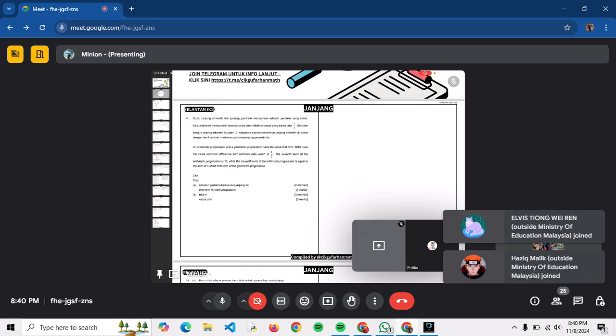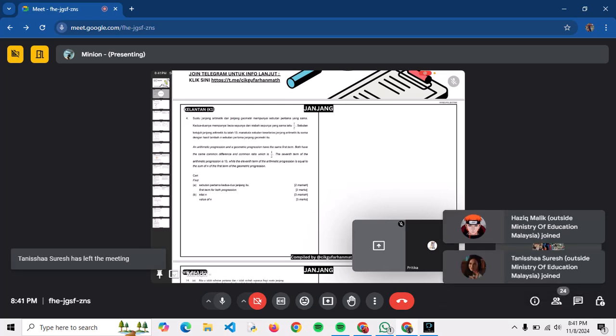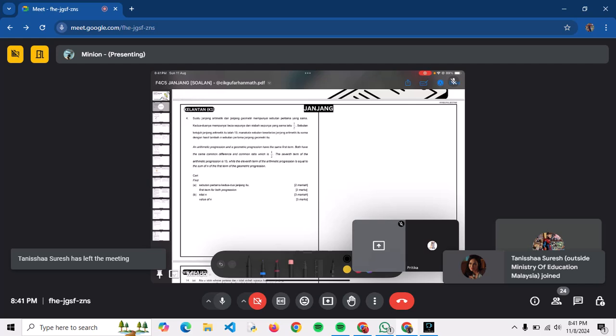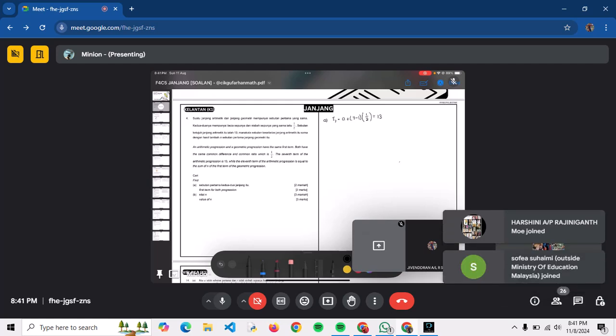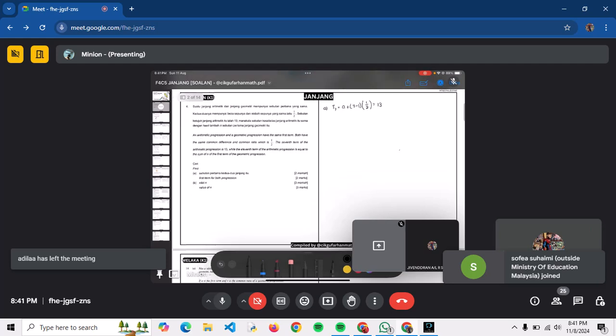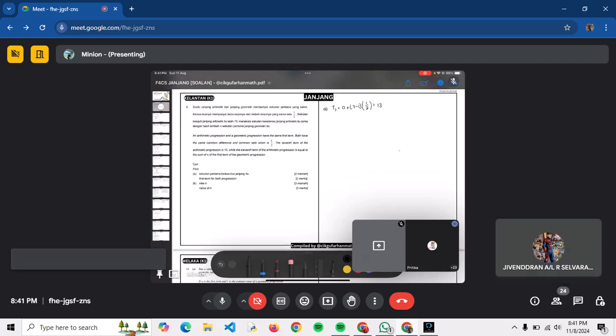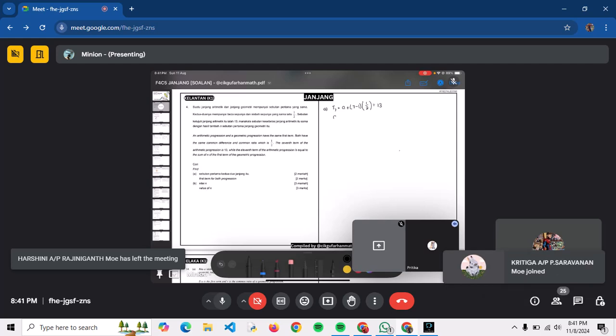So to find the first term for both progressions, it's basic algebra. If you solve this, you will get A is equivalent to 10.